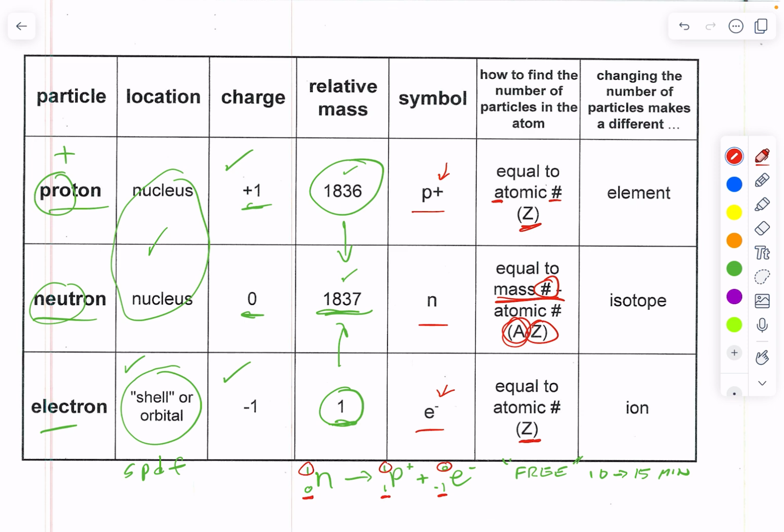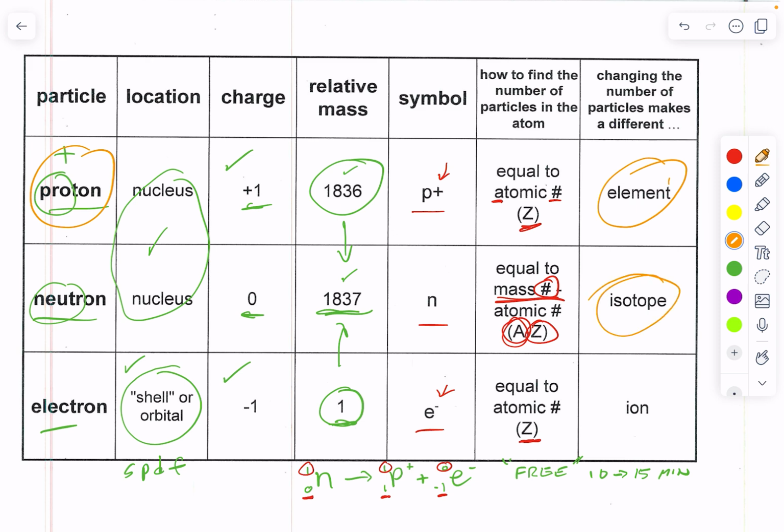Finally, and very important, you should know that if you change the number of protons, you get an entirely different element. So anytime you want to make a new element, all you have to do is take an existing atom of that element and either add or remove somehow a proton. That, of course, is not a chemical process, but a nuclear process. If you want to change the number of neutrons, you get an entirely new isotope.